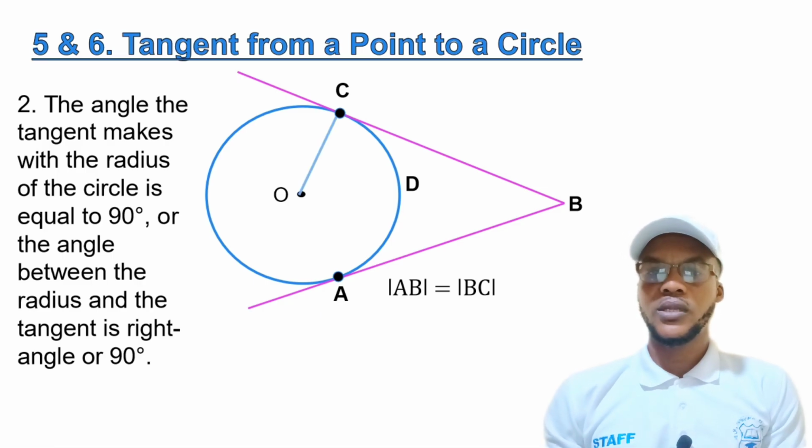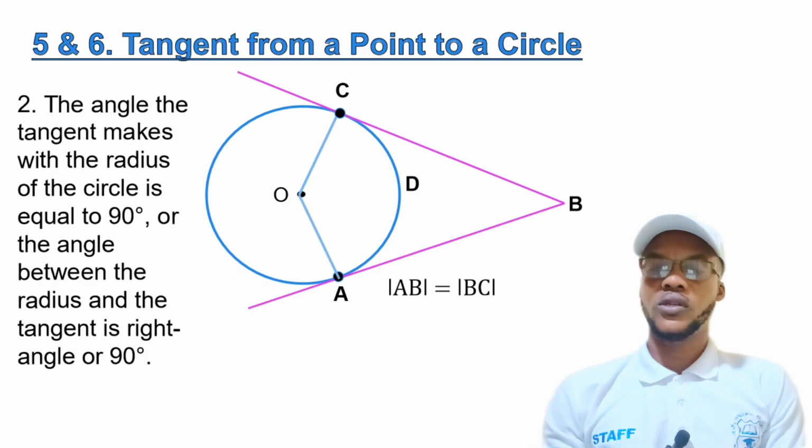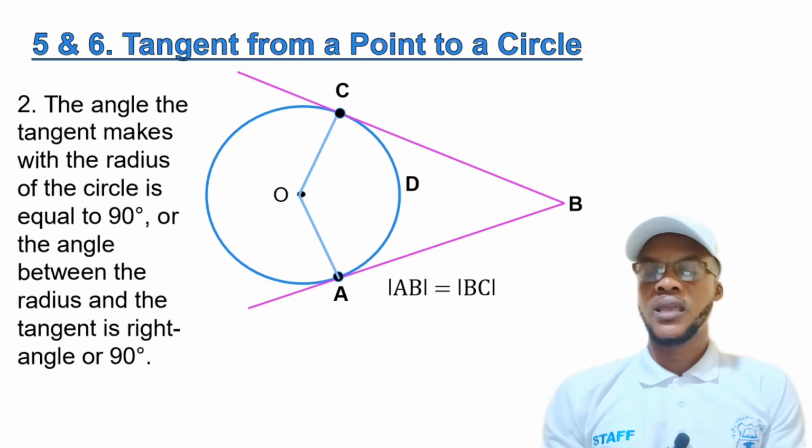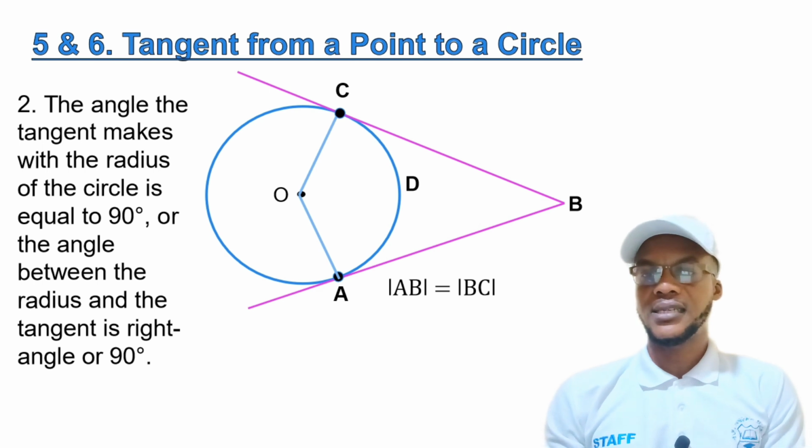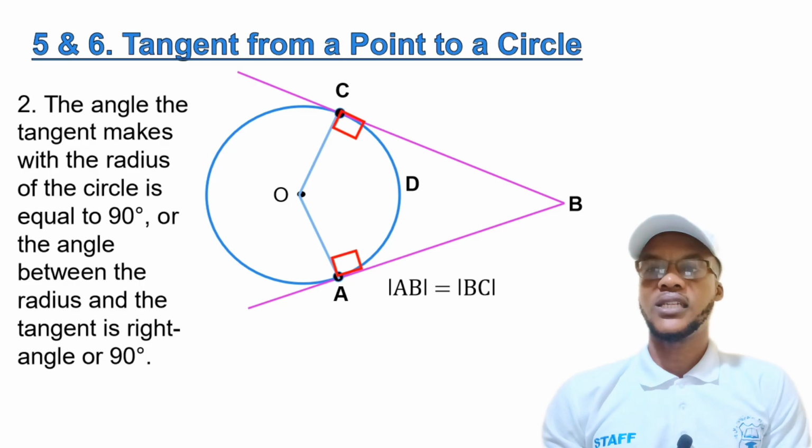So if we draw a line from the center to point C and also one from the center to point A, then the angle formed between the radius and the tangent at that point is a right angle, or 90 degrees. So these are the angles we are talking about. That portion where the angle is formed is 90 degrees. Very, very simple.